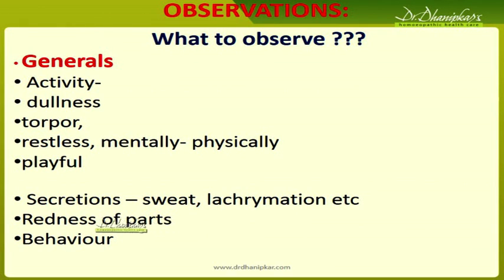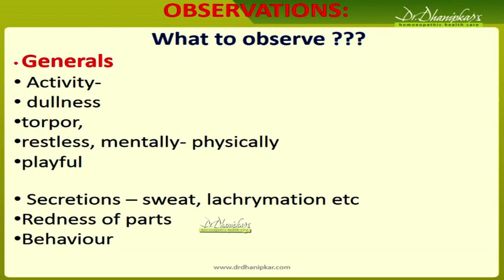Then what we try to see is if there is an obvious discoloration anywhere. Many a times in viral fevers there are discolorations of redness, some eruptions, some boils that come up. Then some secretions like lacrimation, which is very commonly known in patients with fever.